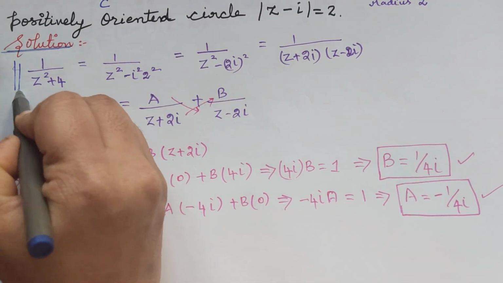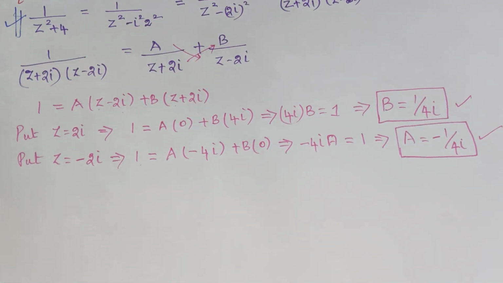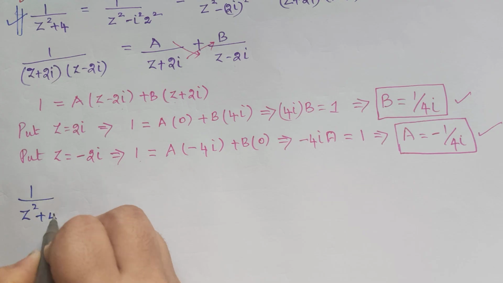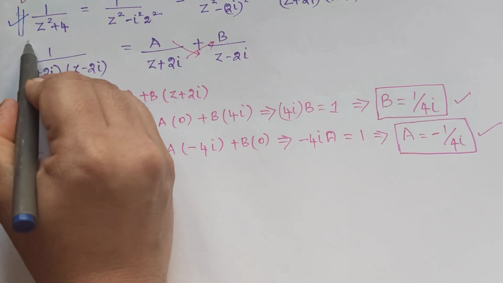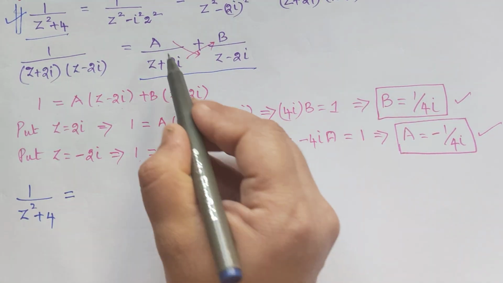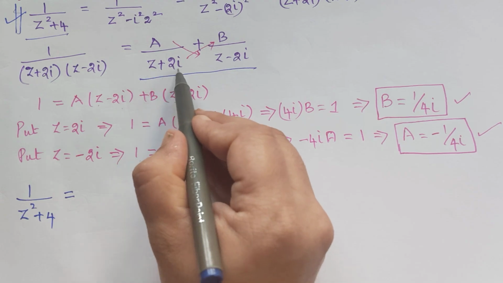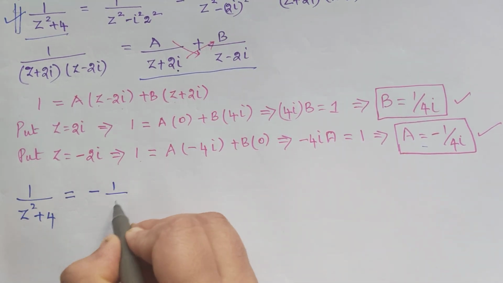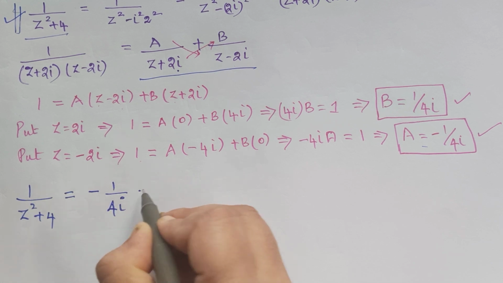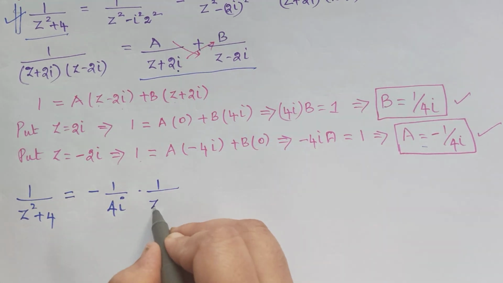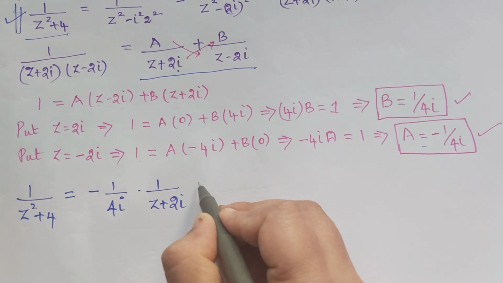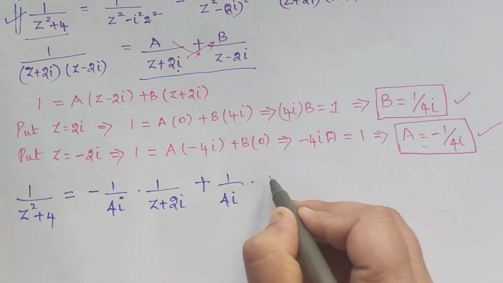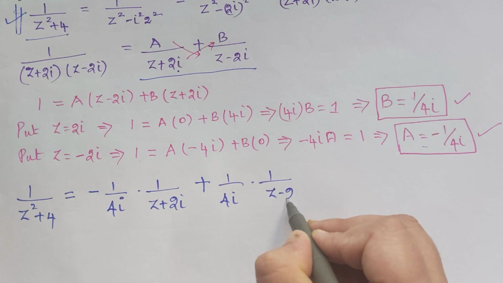So therefore this value, 1 by z^2 + 4, can be rewritten as a by (z + 2i), where a is minus 1 by 4i. So let me write that: minus 1 by 4i multiplied with 1 by (z + 2i), plus b, which is 1 by 4i, multiplied with 1 by (z - 2i).